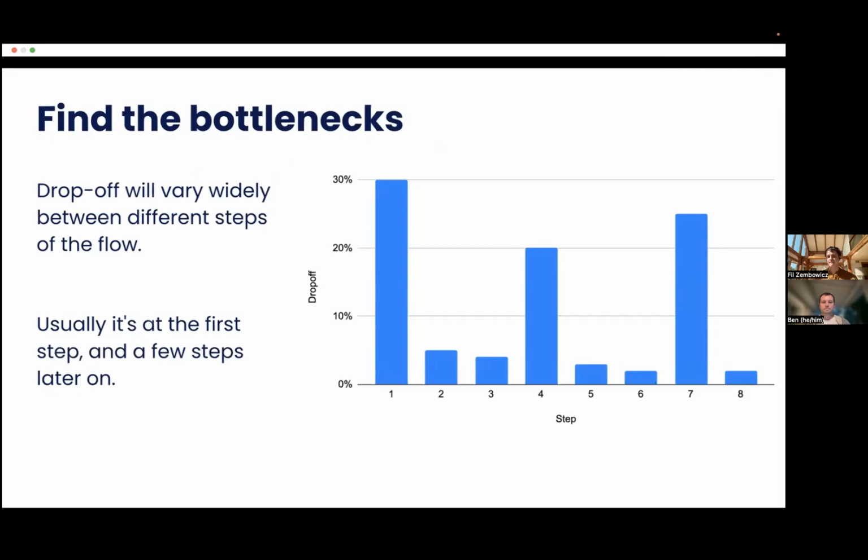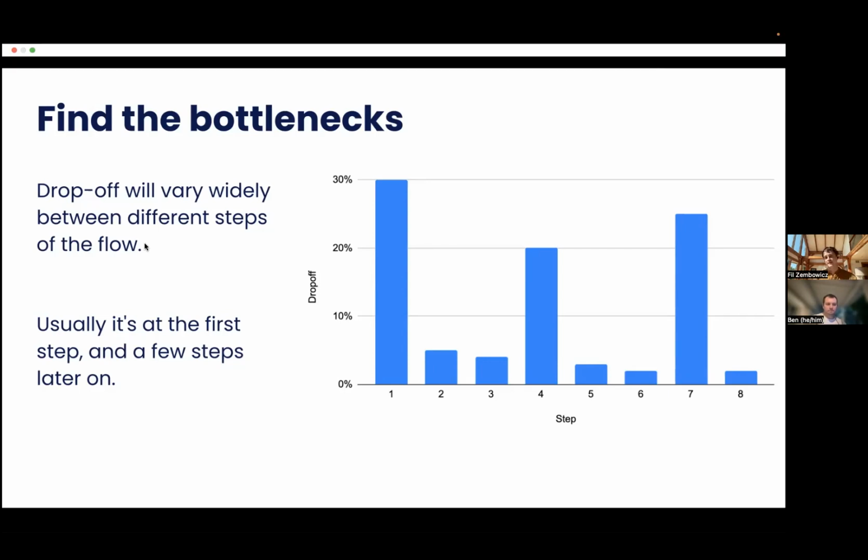The number of people who will drop off of a particular step. So they loaded step A, but they did not reach the next step, step B. This will be very different between different steps, right? And often you'll see most steps have very little drop, if you're just asking for the next little bit of information or clarifying something.